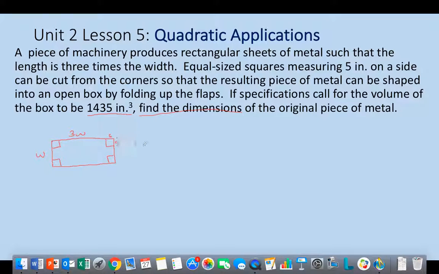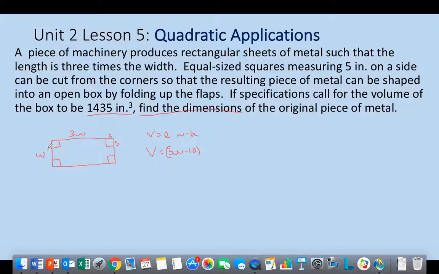So how do I find the volume of this box? We do know that volume is length times width times height. The length would be 3w, except I'm cutting out 5 here and another 5 over here, so it's going to be 3w minus 10.